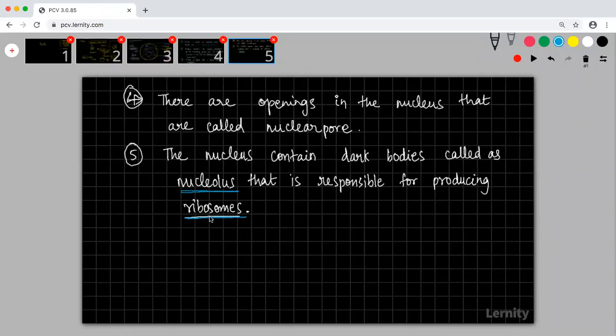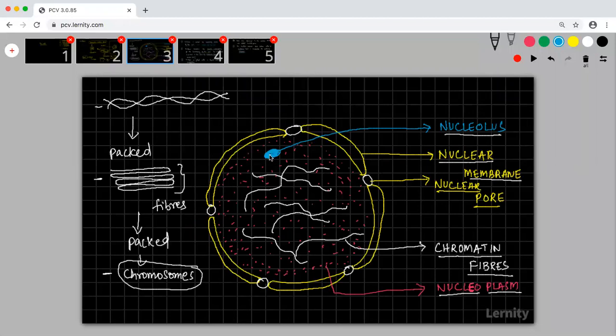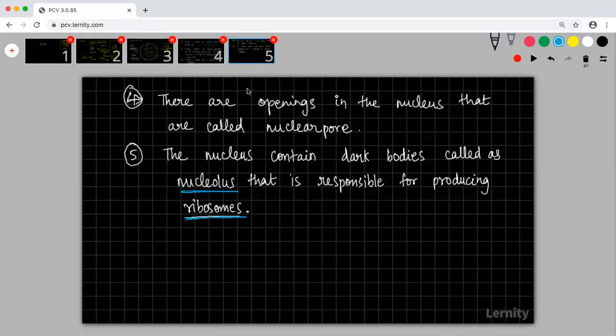Please understand the role of the nucleolus: it is going to produce ribosomes. So if the nucleolus is not there, what will happen? Ribosomes will not be produced properly. Are we able to understand? Ribosome is one type of cell organelle.